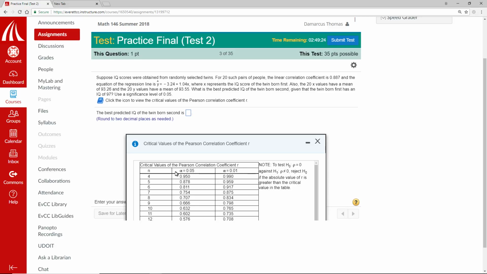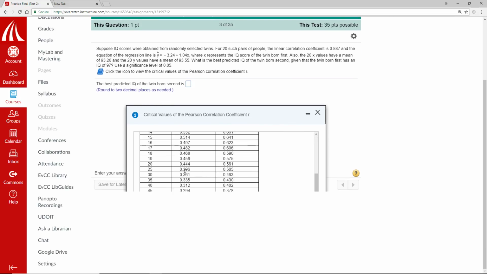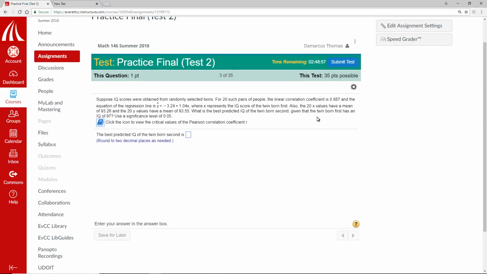In other words, what does the r need to be greater than in order to make sure that this is actually a strong correlation? All right, so I need to go over to 20, and it just needs to be above 0.44. My coefficient is way above 0.44. It's 0.887. So that means we definitely have a positive correlation, and this is my best estimate.